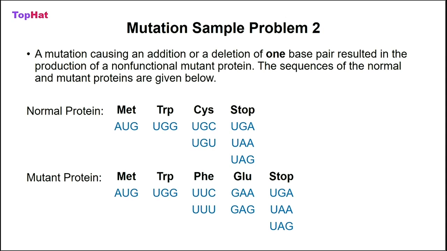If we had inserted a U, then our mutant would be UUG, but we don't see that in the mutant. So it has to be that we deleted the G, and now we get UUU, and then GA, and we don't know what comes after that. Okay? So that is our discussion of mutations.